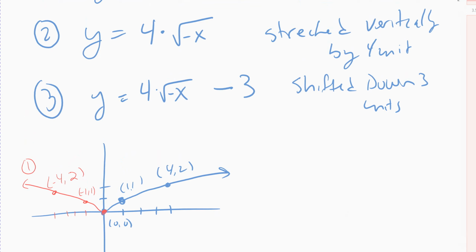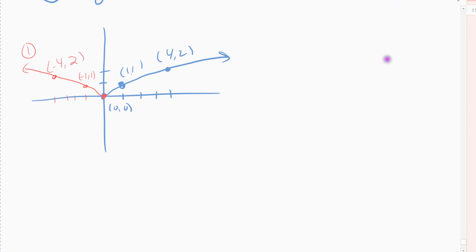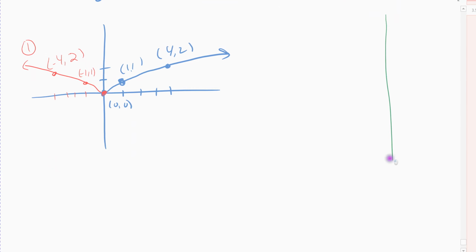Alright, then the second shift is it's going to be stretched by a factor of 4. That means all of the y values get multiplied by 4. So 0, 0 still stays, because 0 multiplied by 4 is still 0. But negative 1, 1 changes, right? I multiply that 1 by 4, so it's still at negative 1, but now it's going to go up here at 4. So now it's at negative 1, 4.